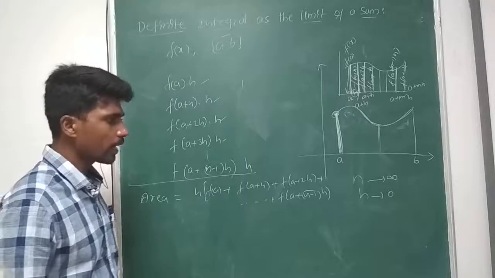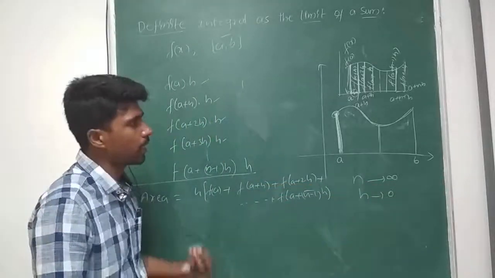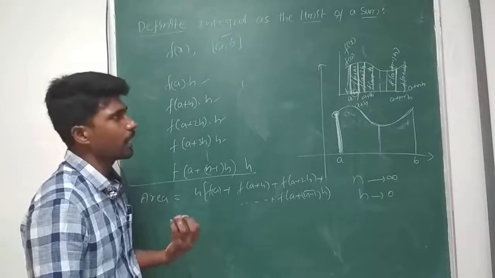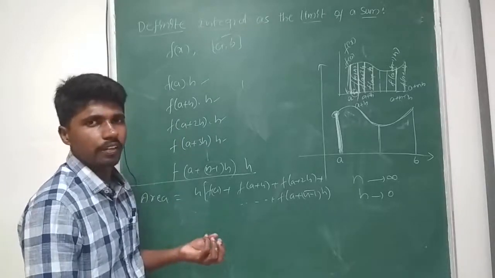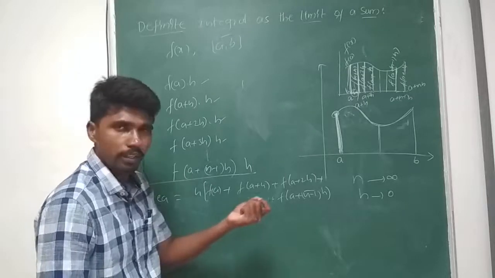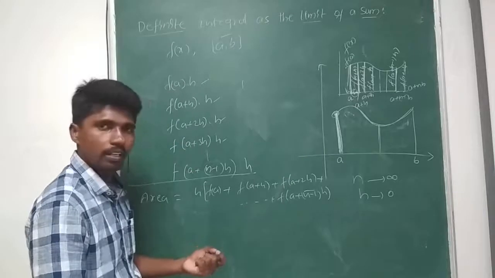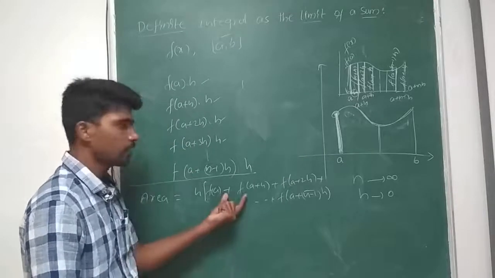Now I am considering n made infinite, meaning I made infinite strips. If I make infinite subdivisions, definitely the width h will tend to 0. So now I am going to apply the limit for this sum.